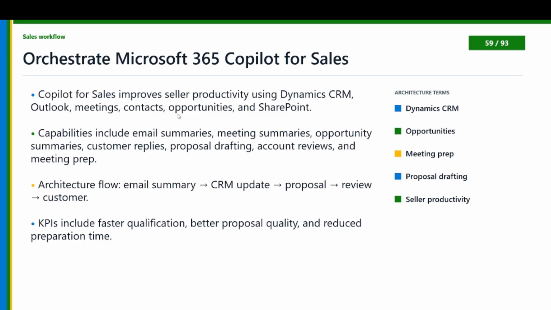Believe me sincerely again, this is one of the case studies. Copilot for sales improves seller productivity very well under this seller productivity agent, which you can develop and deploy in Office 365 Copilot for sales. You have Outlook, you can integrate meeting help with Outlook. You have meeting prep with meetings. It helps with contacts.